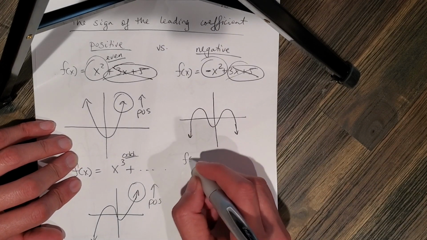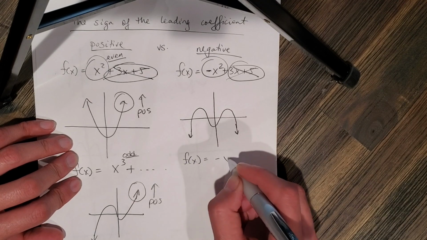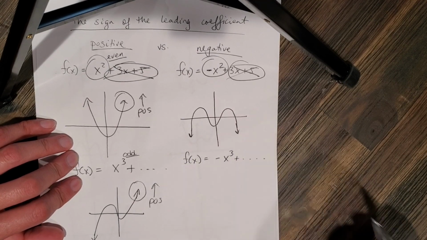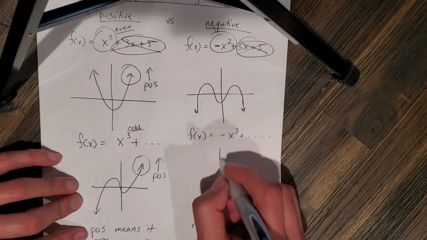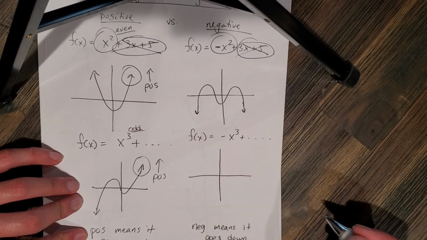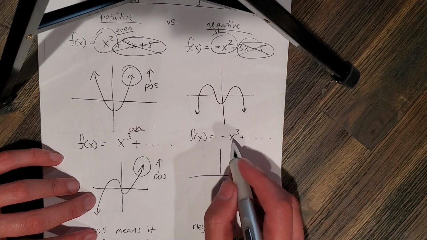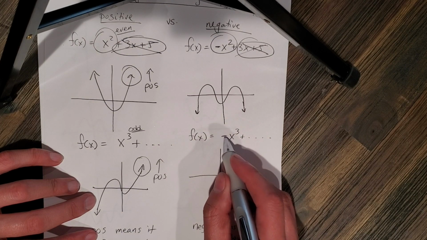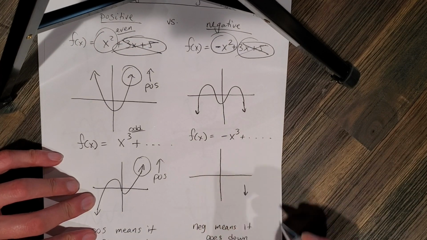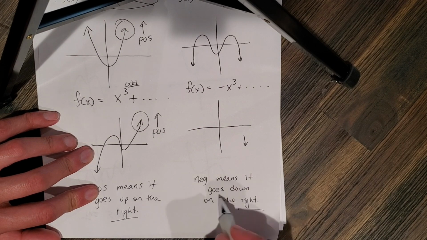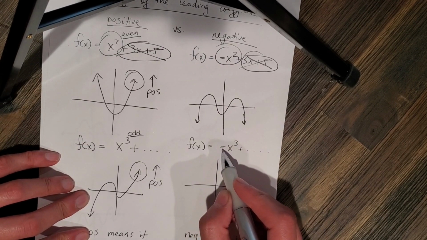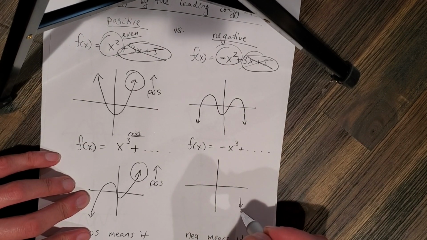What if I had a f of x equals negative x to the third plus whatever, right? So, again, we are only interested in the right side of this. Since it's negative, it's going to go down on the right. Again, I wrote it right here. Negative means it goes down on the right. So this tells us it's going to go down on the right, okay?